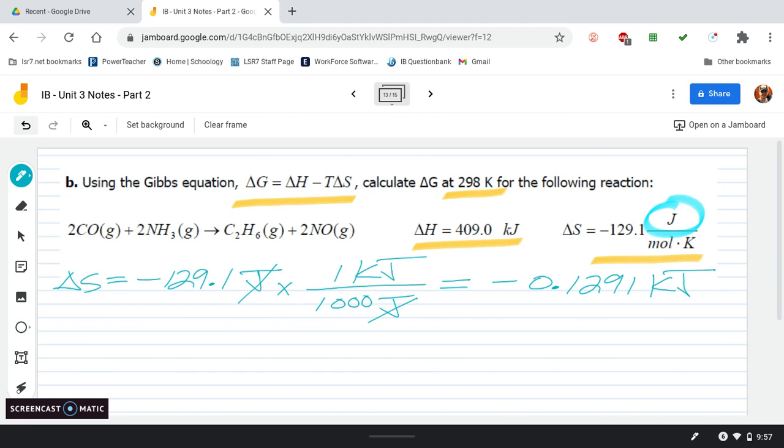So let's plug in our delta G. See what you got. Delta G is going to be the 409 kilojoules minus the temperature, 298, multiplied by the S value, which is the negative 0.1291 kilojoules per mole.